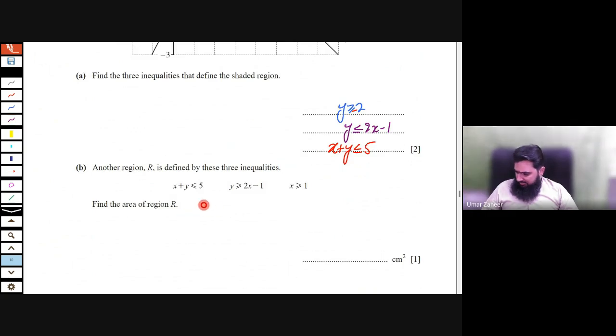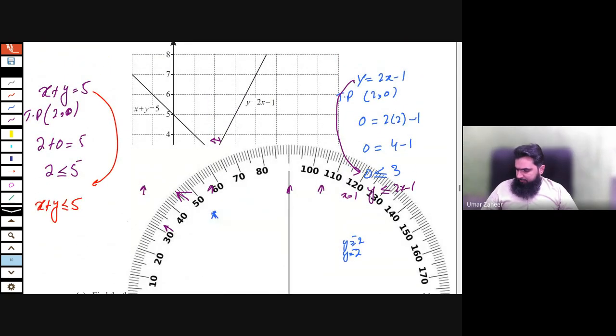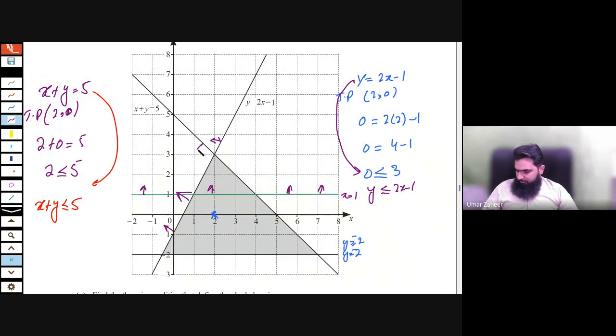Now the last one is x plus y is less than or equal to 5. This is the same. The region is downward. So this means we are going to get this region, because this is the portion where all the inequalities are satisfied.